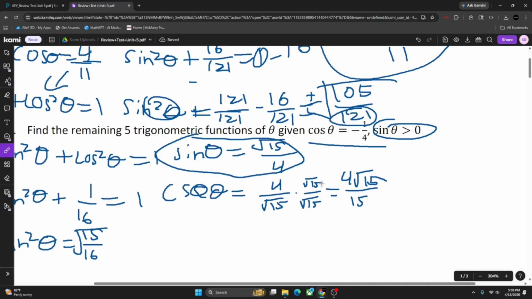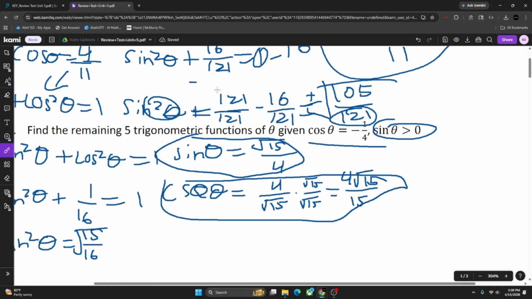So that's cosecant. Then secant is the opposite of cosine. Since it gives us a cosine right here, you just flip that around, and so it's negative 4. Equals secant.